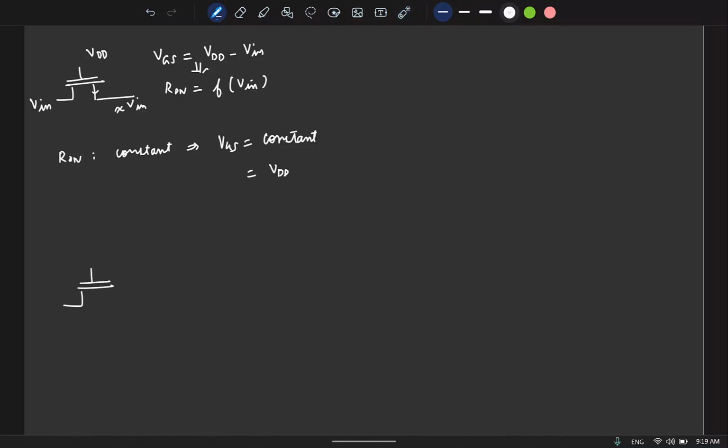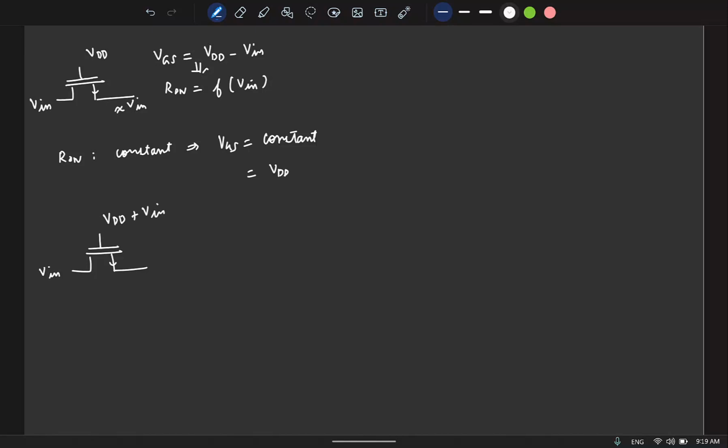So this is the NMOS, and here the voltage is Vin. If VGS is VDD, what should the gate voltage be? VDD plus Vin.